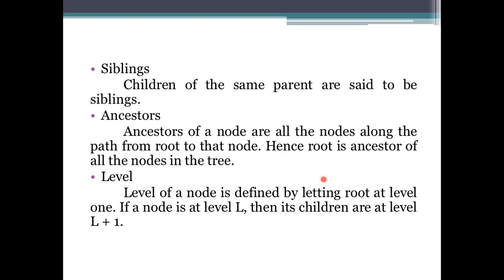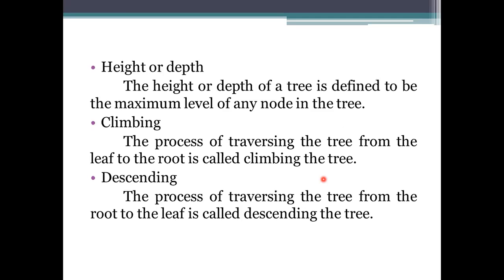The root level is considered level 1, and by adding children to it, whether it is a binary tree or any other multi-way tree, you increase the level, meaning you go to the next level, L+1. Height or depth means the actual level count of the nodes.